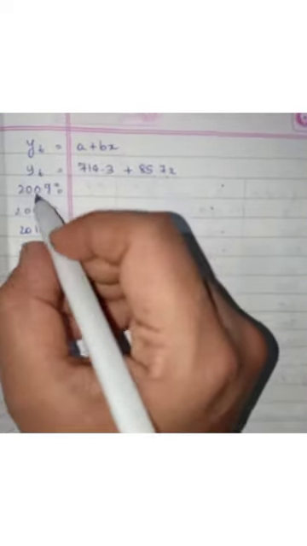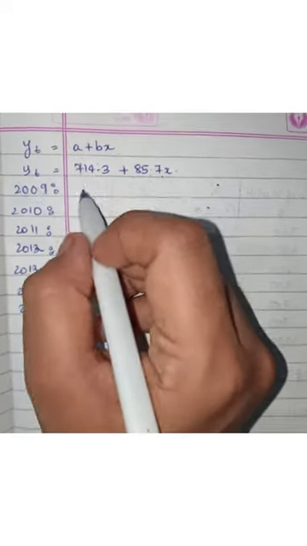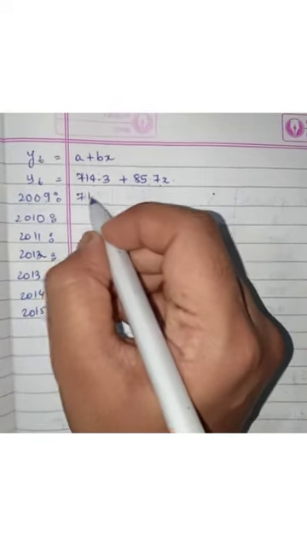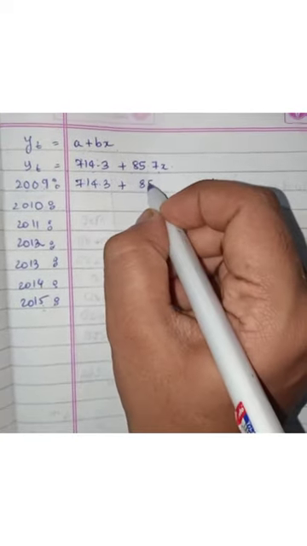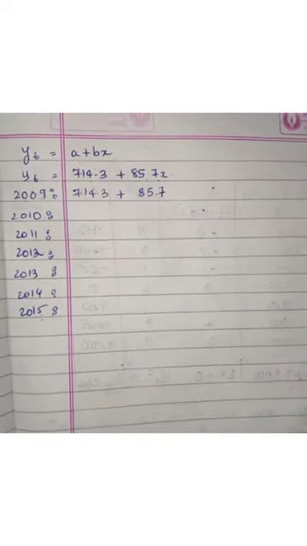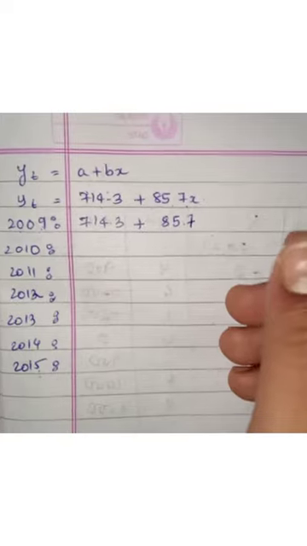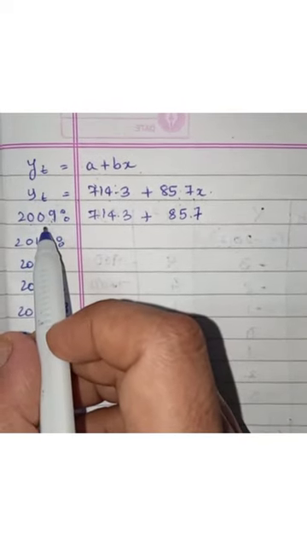To find the trend values for 2009 till 2015, we write the same pattern. For 2009, yt is a, which is the same 714.3, plus b, also the same 85.7, into x. To find the x, what was the x we got for 2009?